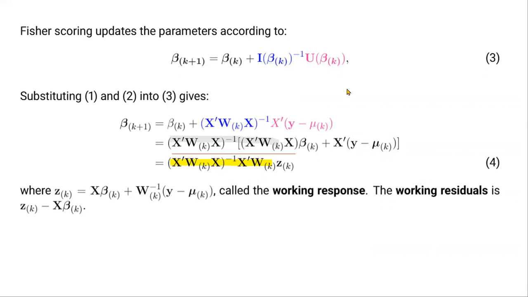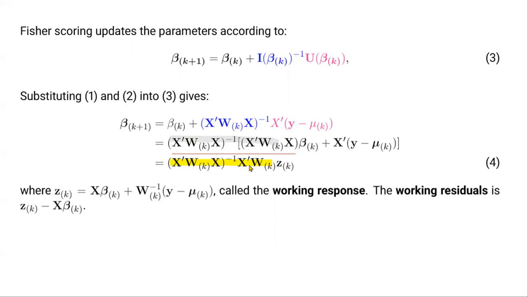The blue here, you can see I've color coded it, is that. Okay, that's self-explanatory. Now the next line: let's call this A inverse, this A. You can see that's the same as that. So it's A inverse times that, well, that's this guy here. And then this bit in gray that I bring down is now yellow. And for everything else I introduce a new notation, Z. And this Z is called the working response.